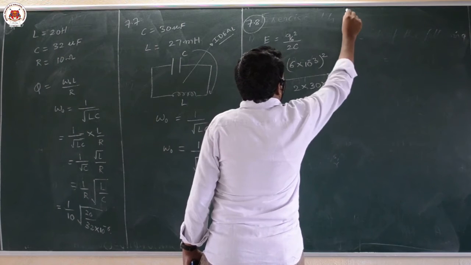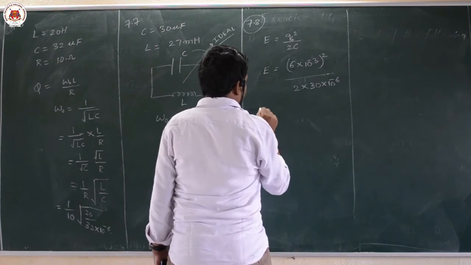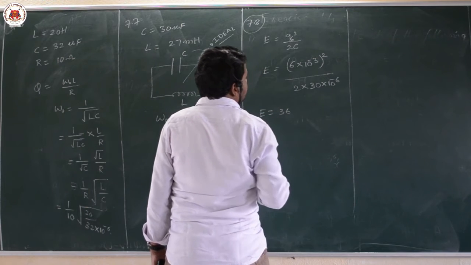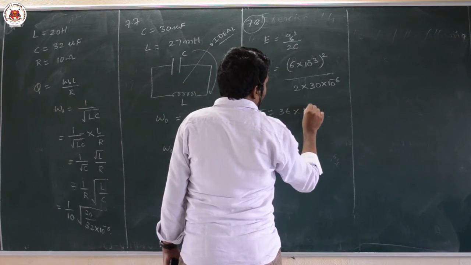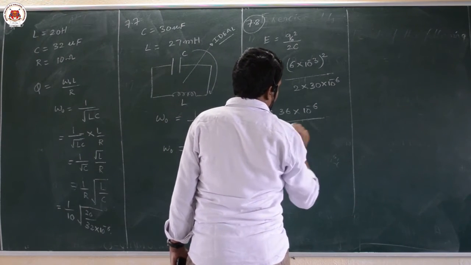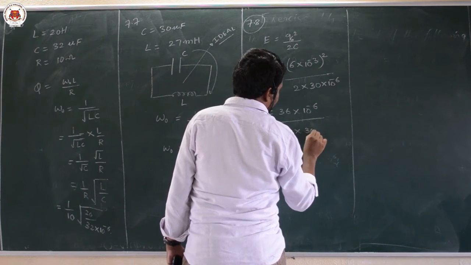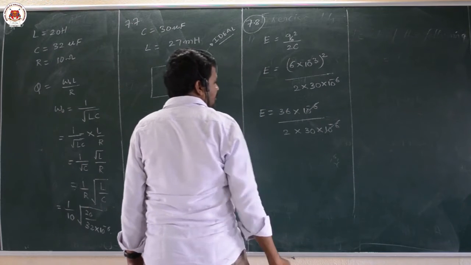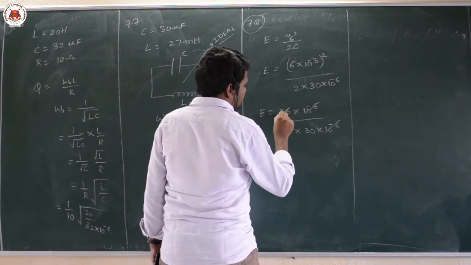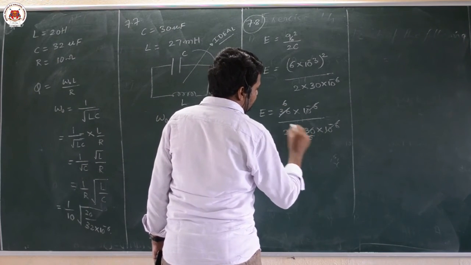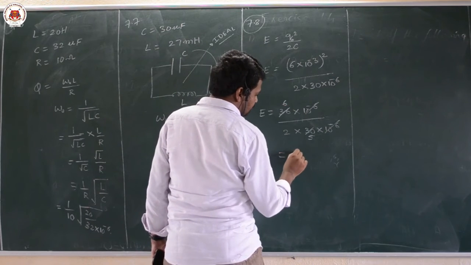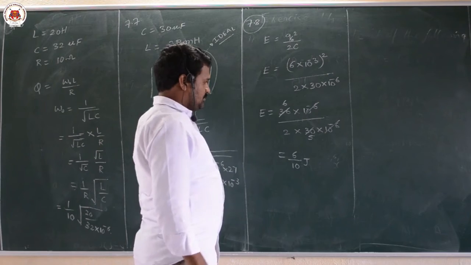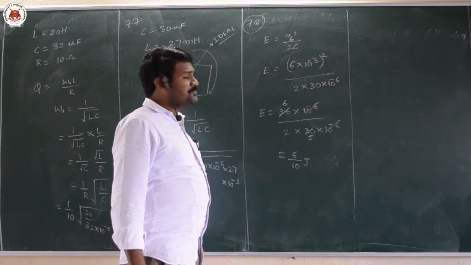If you simplify this, you can write it as 6 square is 36, 10 power minus 3 square is 10 power minus 6, divided by 2 into 30 into 10 power minus 6. The 10 power minus 6 terms get cancelled. Now the answer is 6 by 10 joules.